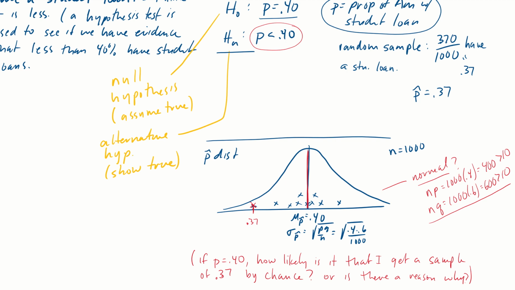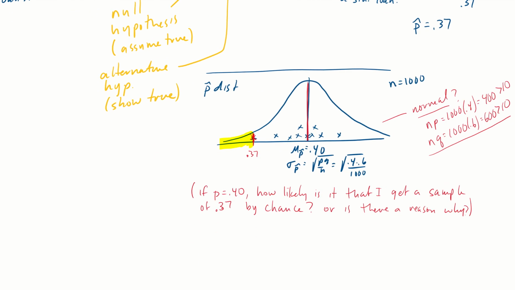So if this is normal, we can actually figure out how likely is it that I get 37% or less. So let's actually calculate that. The probability that P hat is less than or equal to 0.37. I can do that because I have a normal distribution here.